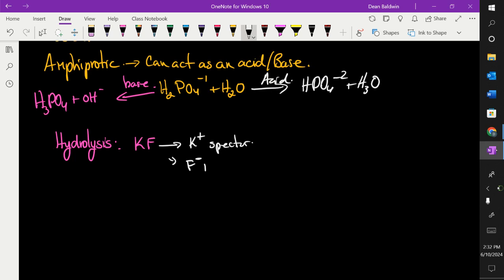F minus will react with water to do what? It'll accept a proton, right?